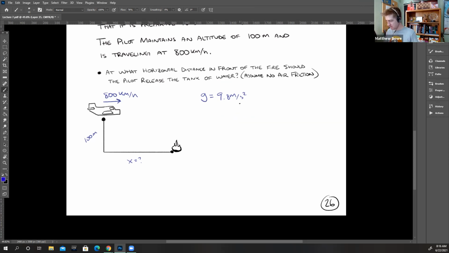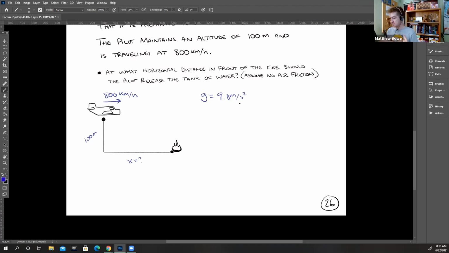So before we even begin finding the right equation and putting in values, we need to make sure that our units will mesh clearly together. So we need to make sure that they all are the same, whatever we're going to agree on starting with.